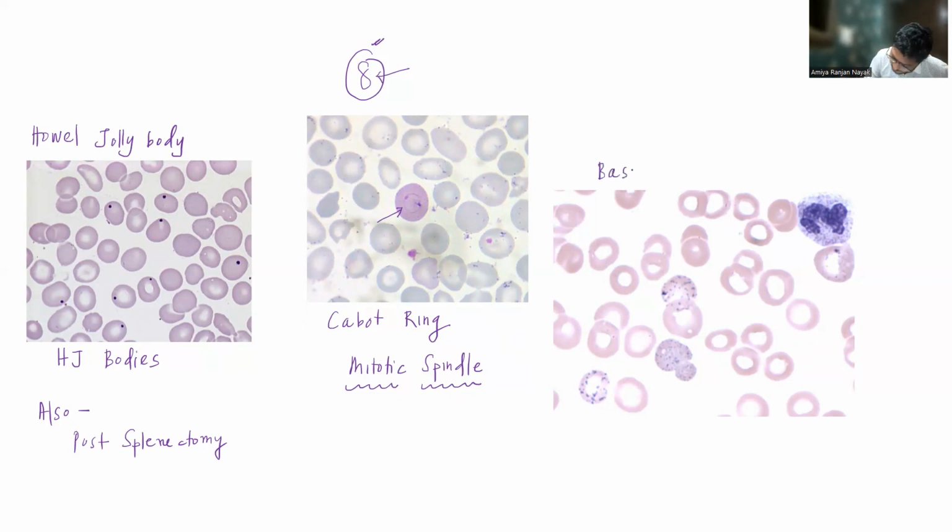This you must have studied previously also. I have told you multiple times. Basophilic stippling. As you can see here, small blue dot-like structures. These are nothing but the mRNAs, or you can say the ribosomes, over the RBCs. We have also discussed that you are going to get this finding in pyrimidine 5' nucleotidase deficiency, lead poisoning, and also in patients with thalassemia.